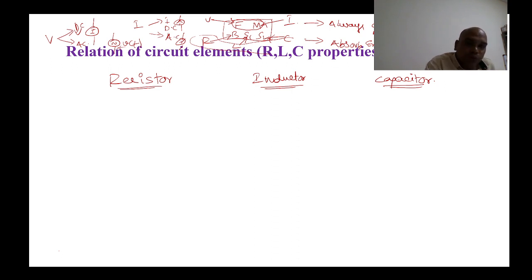So these are the sources, voltage and current sources. These always give energy to the outside. That's why these elements are known as active elements. But coming to resistor, inductor, and capacitor, these elements always absorb the energy from the source.